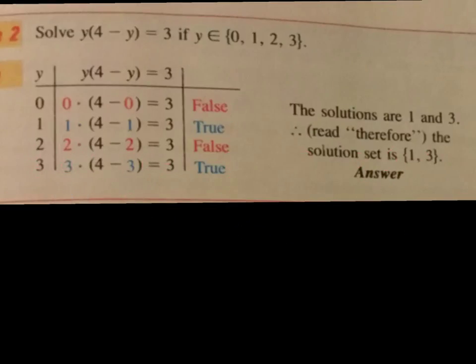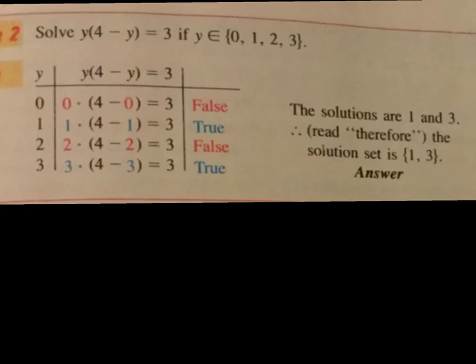The last little bit of this example is how to read this explanation or the solution. What we found is that two numbers from the given set for y, which we're calling the domain, allow the equation to be true.